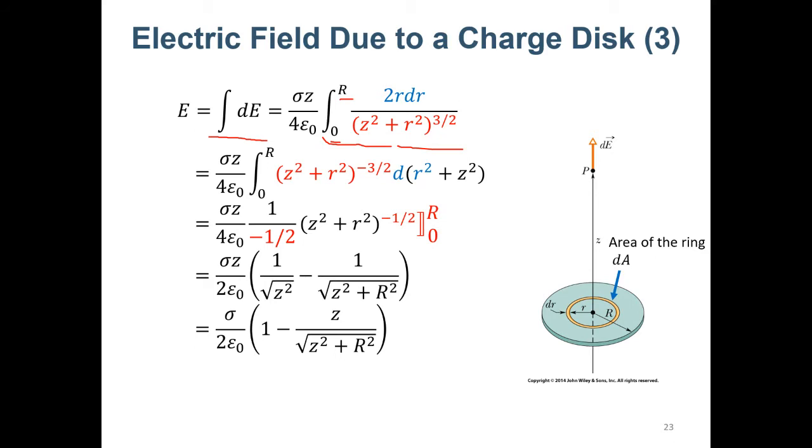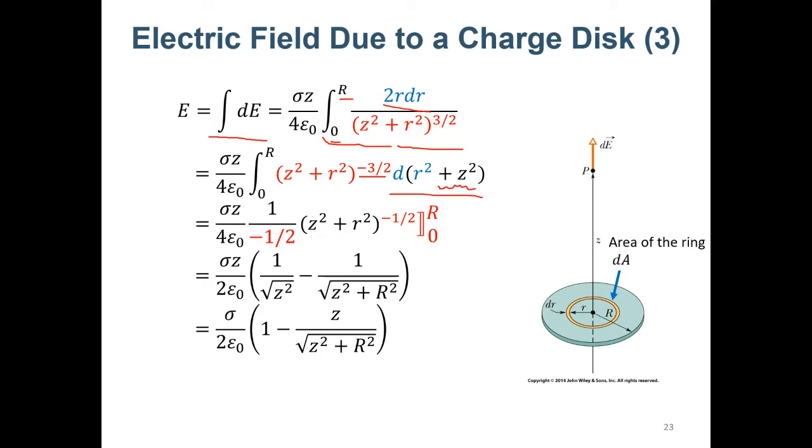This term is to the 3/2 power in the denominator, which means it is to the negative 3/2 power. And just now I mentioned d(r squared) is 2rdr. And if you add a constant here, d of a constant is nothing but 0. So this one is actually this one.